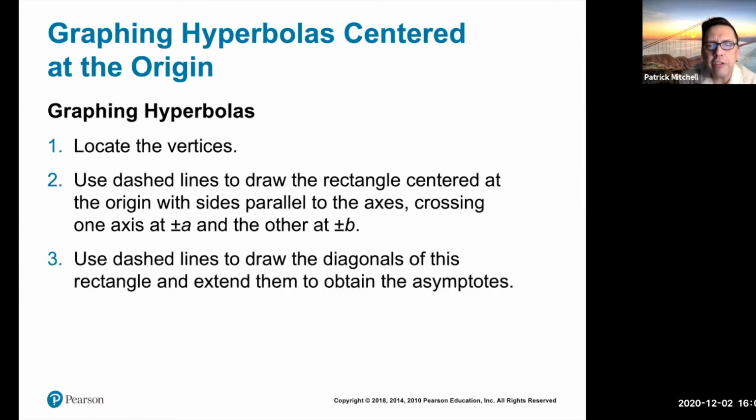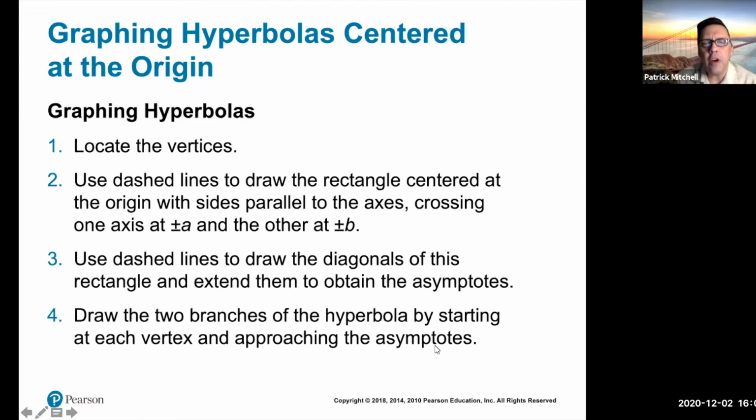And then we'll use dashed lines to draw the diagonals of this rectangle and extend them to obtain the asymptotes. So actually drawing this rectangle is a good way to help you remember how to draw the asymptotes. And then draw the two branches of the hyperbola by starting at each vertex and approaching the asymptotes.